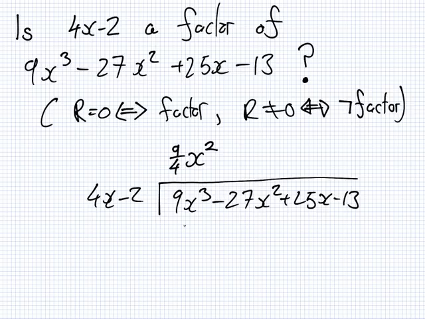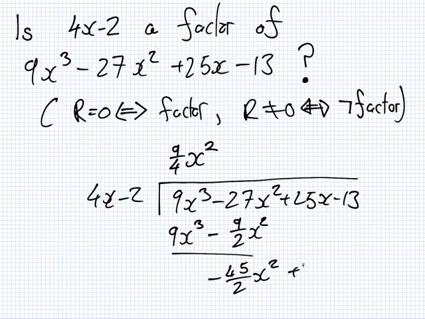So that becomes 9x cubed minus 9 over 2 x squared. So that will be minus 45 over 2 x squared plus 25x minus 13.